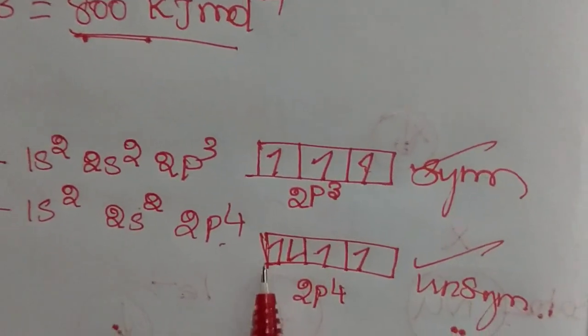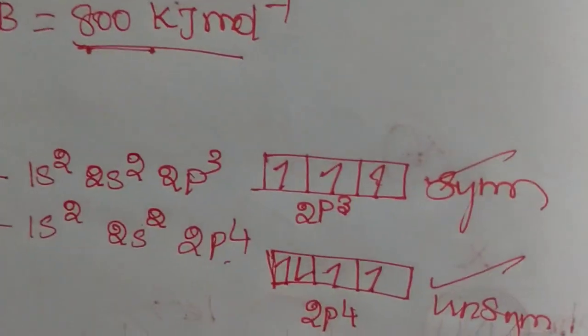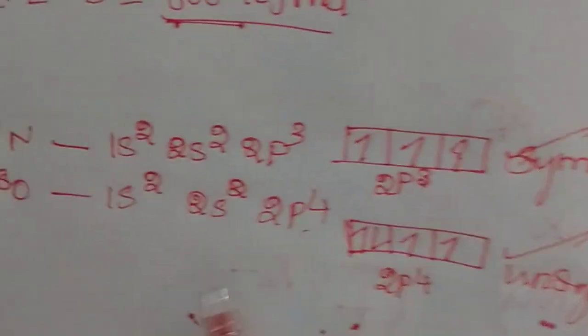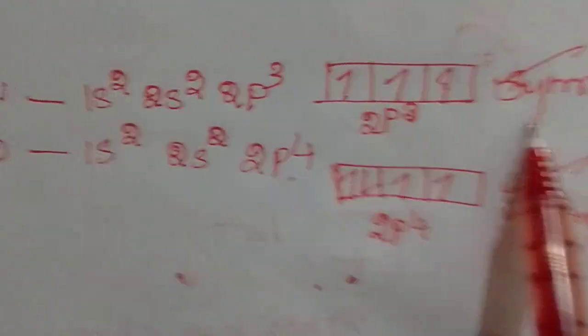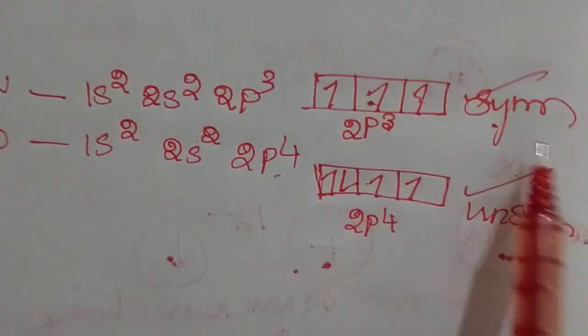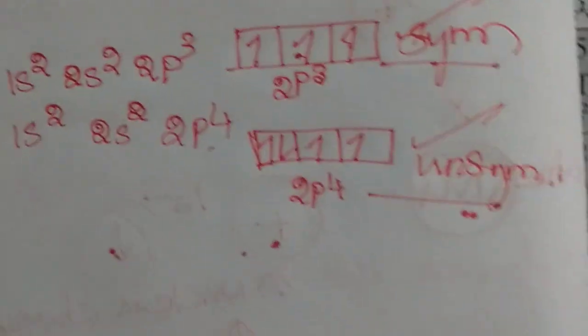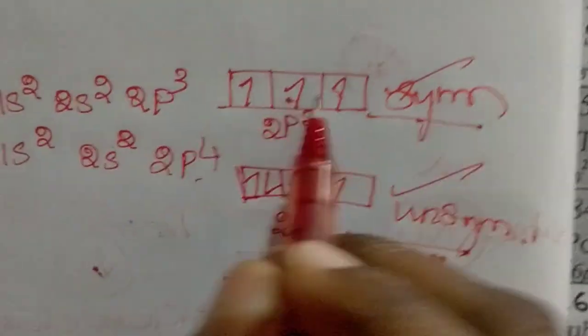So these three are the same, but here it contains 2 electrons, 1 electron, 1 electron. So we have some exception in nitrogen and oxygen because of the symmetrical distribution of electrons in the orbitals. So this is more stable than oxygen.